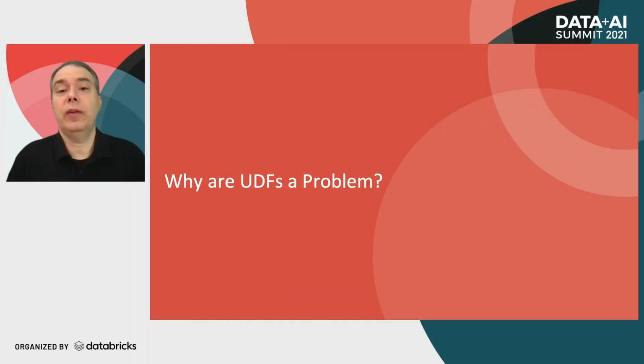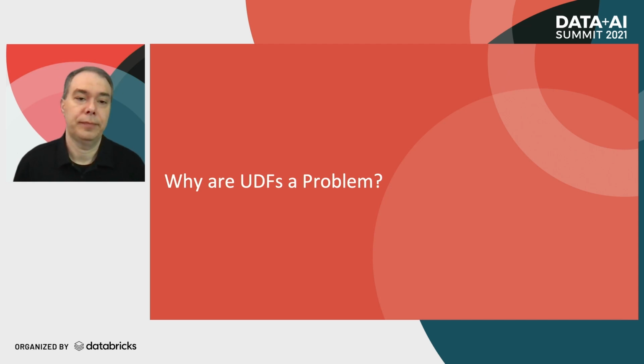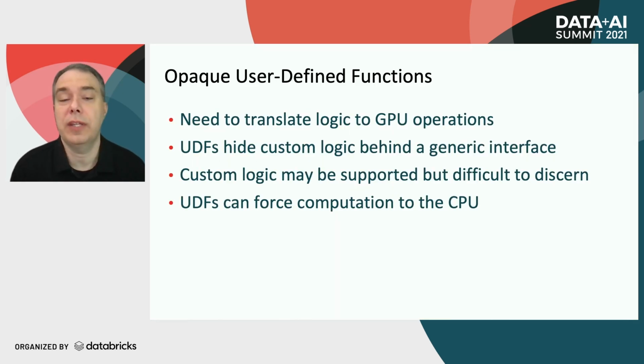Okay, so now that we understand what the RAPIDS Accelerator is and how it works, why would user-defined functions potentially be a performance problem in this kind of setup? The answer comes down to the nature of UDFs: they are opaque functions by design, right? They're arbitrary logic behind a generic interface. And that becomes a problem for the RAPIDS Accelerator because it's designed to translate query operations into equivalent GPU operations.